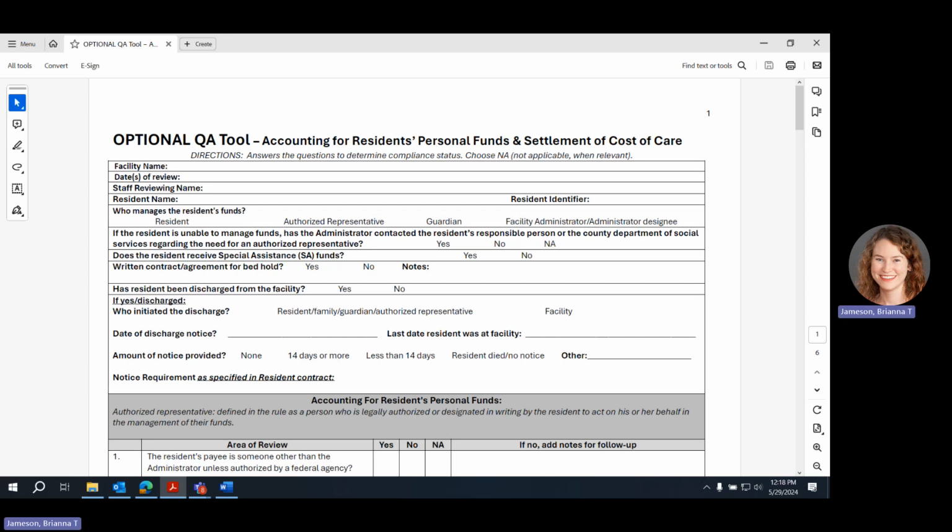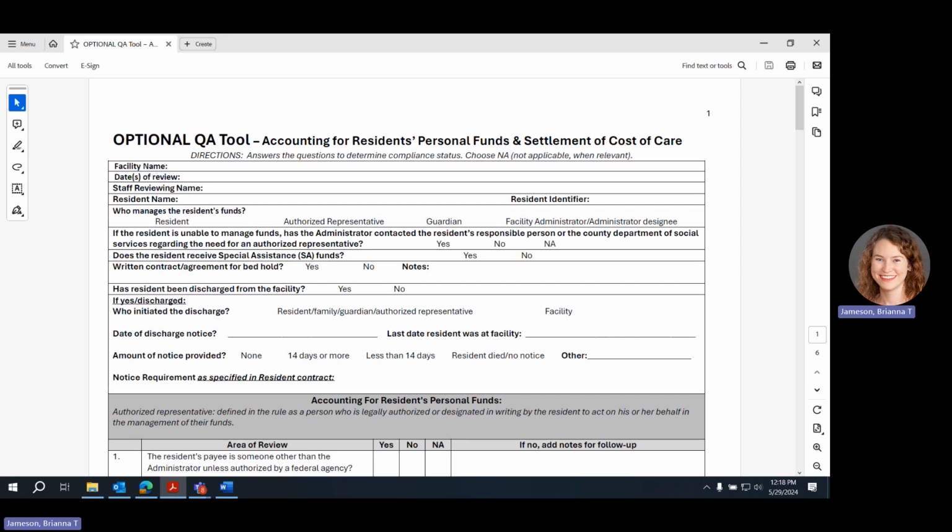And there is an option to write in another amount of notice provided next to other. Notice requirement as specified in the resident contract. There is a space to write in your response.